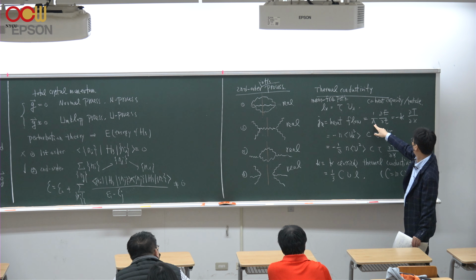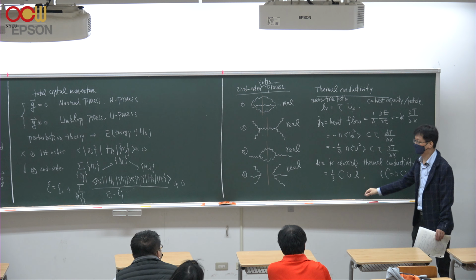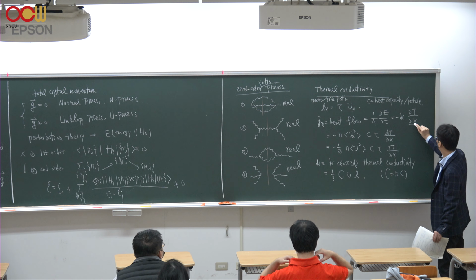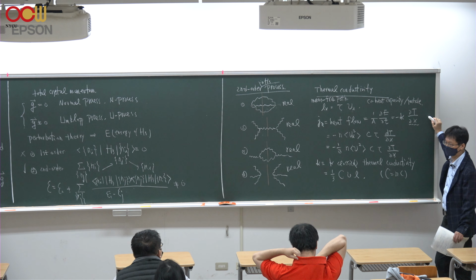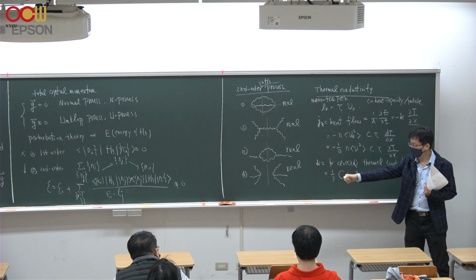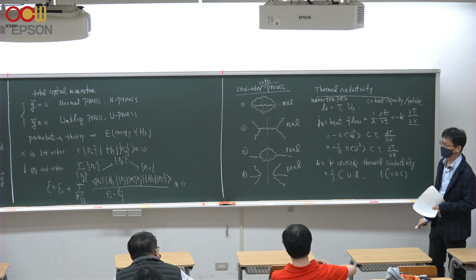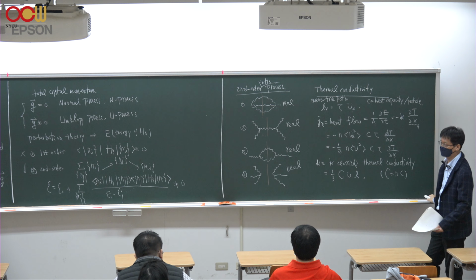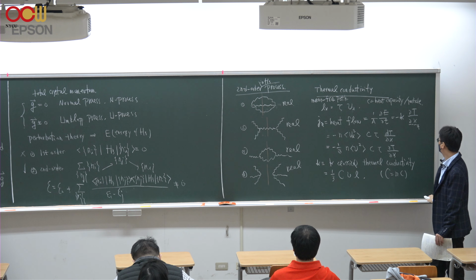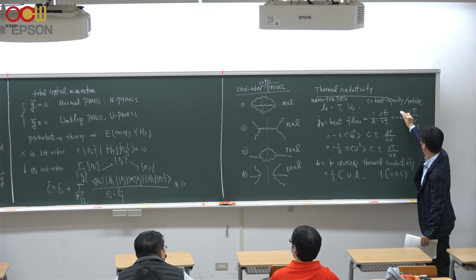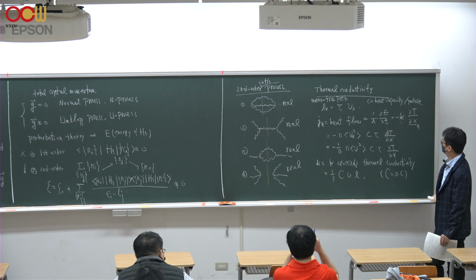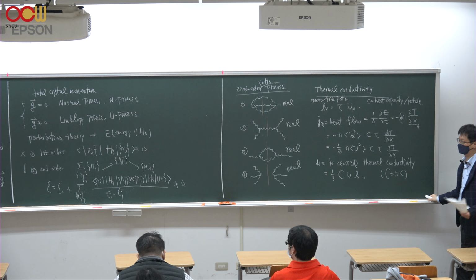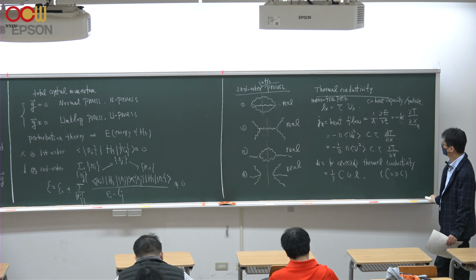Okay, and in standard statistical mechanics, it is defined by the temperature gradient, dT/dx, which is the temperature variation along this direction, the slope of the temperature, the temperature change per unit length, multiplied by a constant called thermal conductivity, kappa, times a minus sign, because this is just the standard definition of the heat flow.